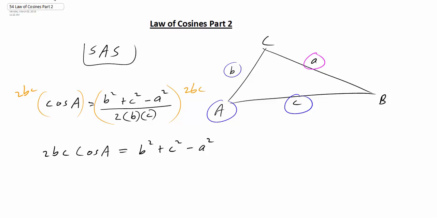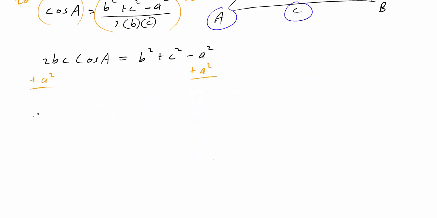Then if we want to continue to solve for A squared, to make things a little bit easier here, we have a minus A squared, so I'm going to add A squared to both sides. That way we make our A squared positive. Therefore we would then have A squared plus 2bc cosine of A equals B squared plus C squared, because here the A squareds would cancel out.